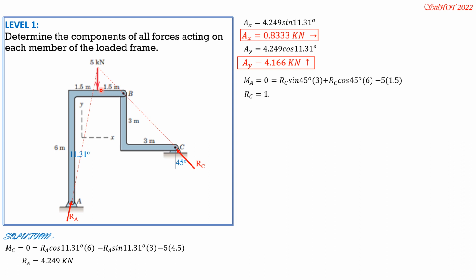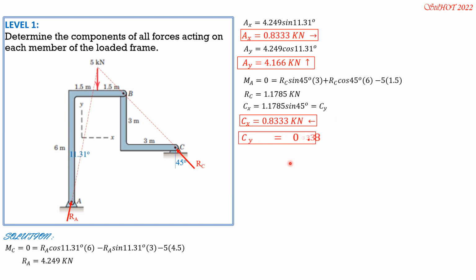So R sub C is equal to 1.1785 kilonewtons. Then Cx equals Cy equals 1.1785 sine of 45, because the angle is 45. So Cx is 0.8333 kilonewtons leftward. Cy is 0.833 kilonewtons upward.